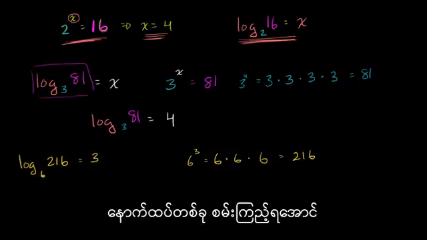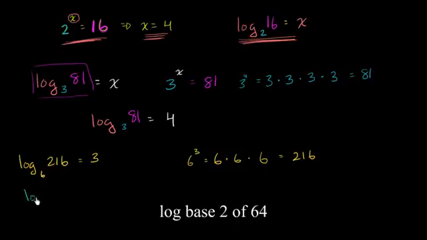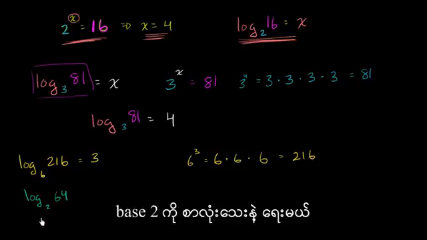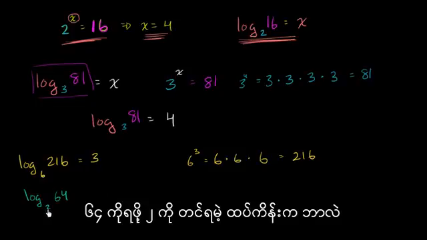Let's try another one. Let's say I had log base 2 of 64. So what does this evaluate to? Well, once again, this will evaluate to the exponent that I have to raise this base to, and you denote the base as this little subscript right here, the exponent that I have to raise 2 to get to 64.